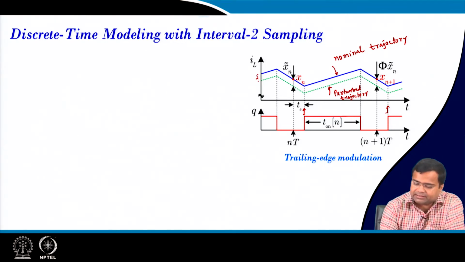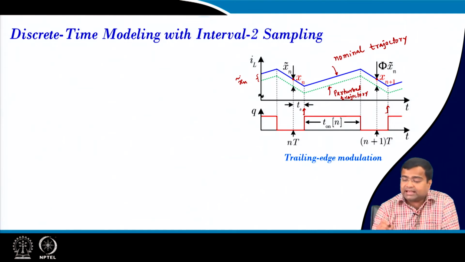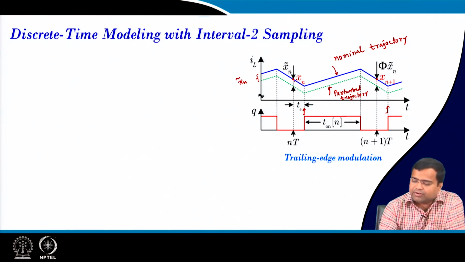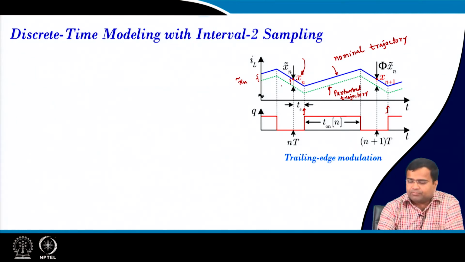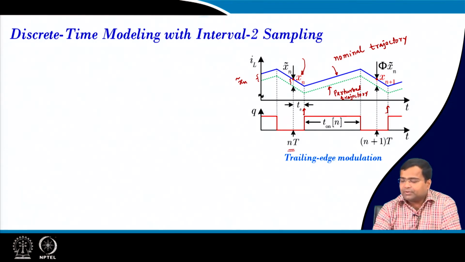In this case it is the inductor current waveform, and the amount of perturbation that we have given here is the xn tilde part, where xn is the initial state at the beginning of the cycle. Whether we consider the nominal or the perturbed trajectory, nT is a sampling point and n plus 1 T is also a sampling point.